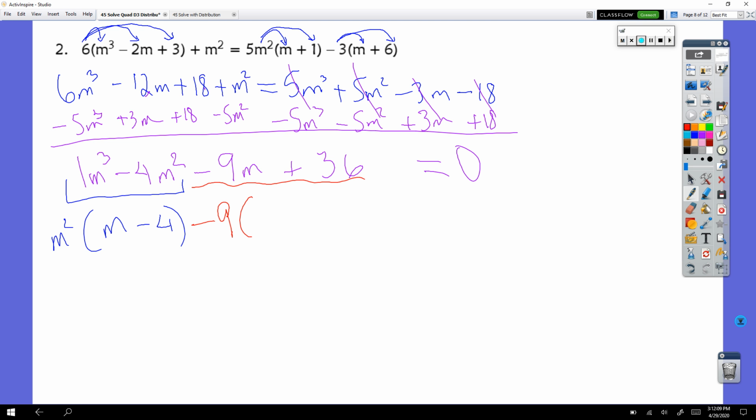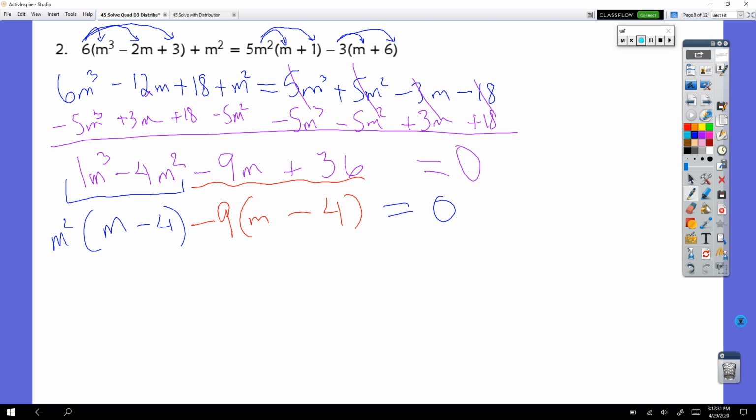When I divide negative 9m divided by negative 9, I get a positive m. 36 divided by negative 9 is a negative 4. Again, this is an equation, so I have to keep equals whatever it is, in this case it's 0, on the right-hand side. So I've gone from 4 terms to 2 terms.